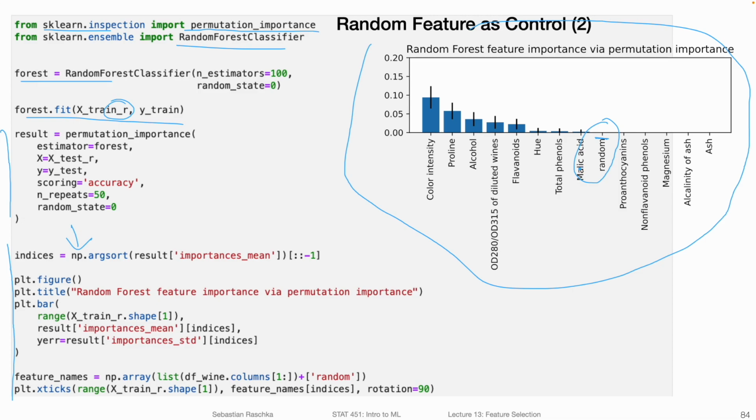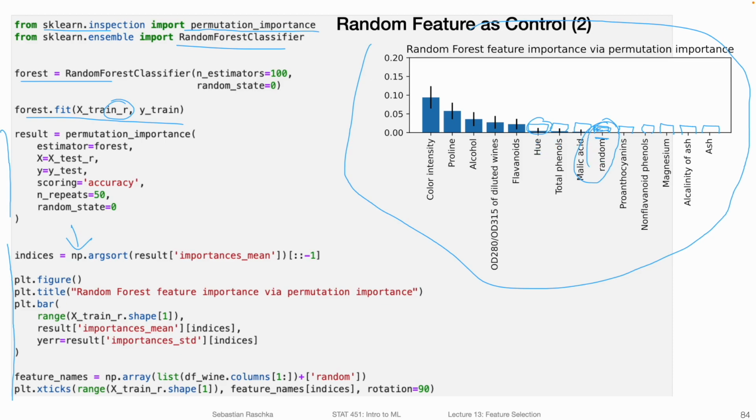But in certain types of models, depending on your data set, you might find that the random column has some value here, some drop. And this gives us a threshold of feature importances. Sometimes you might find that some importance values have some value here, and you might wonder whether this is a meaningful feature importance or whether it's just due to chance or due to a random effect.